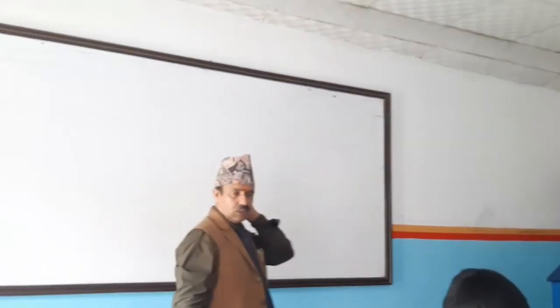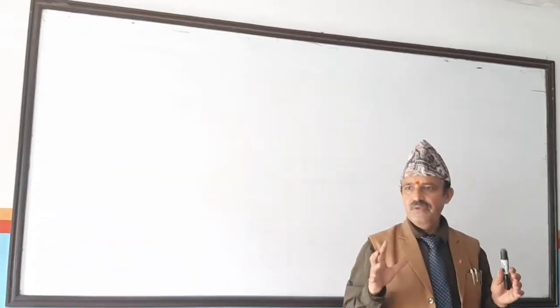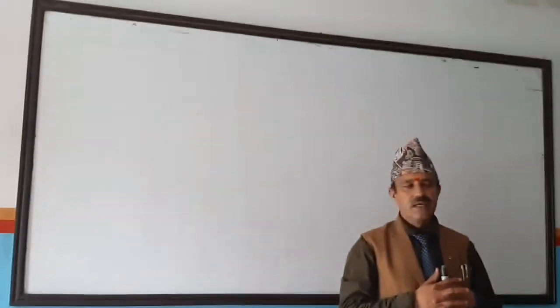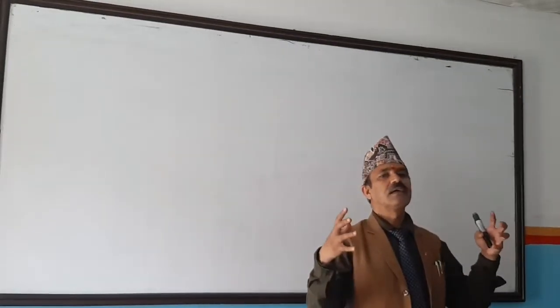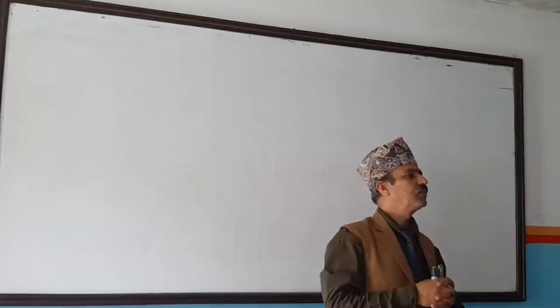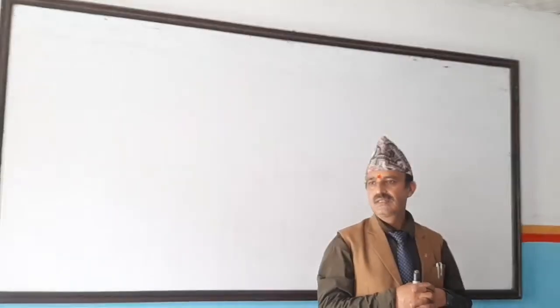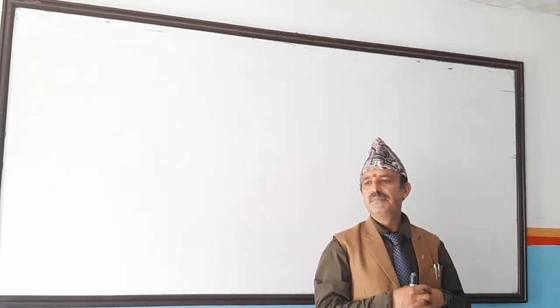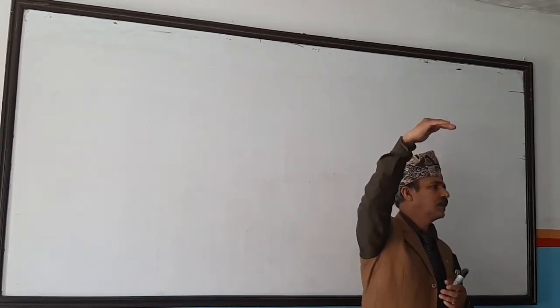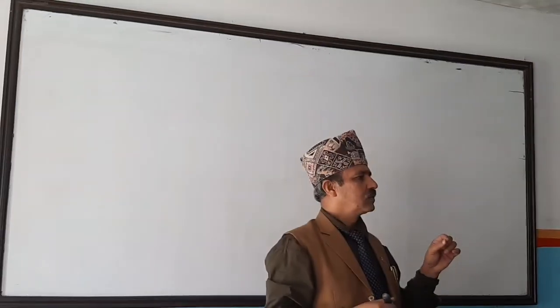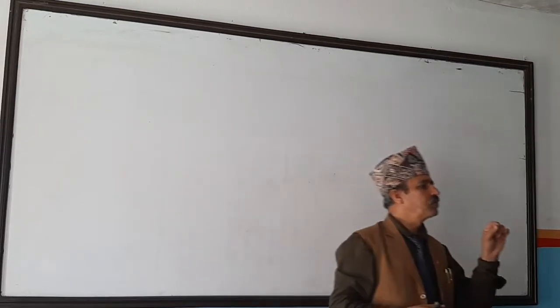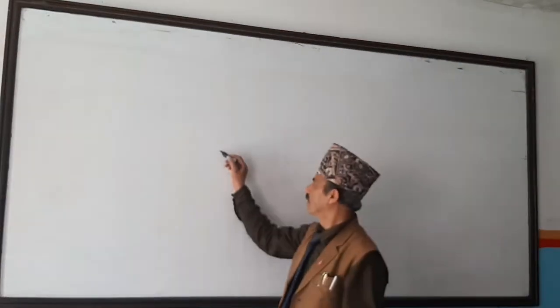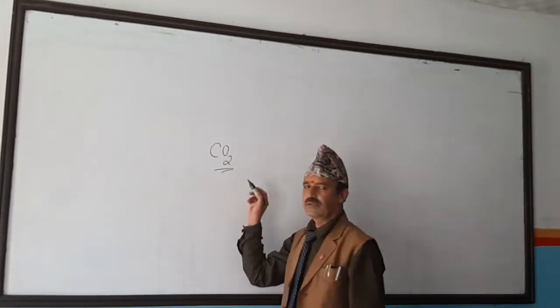What do I mean by greenhouse effect? Greenhouse effect is the phenomenon in which heat is absorbed by some gases like carbon dioxide, carbon monoxide, methane, etc. They form a layer and do not let that heat escape. When mineral oils burn, what is formed?